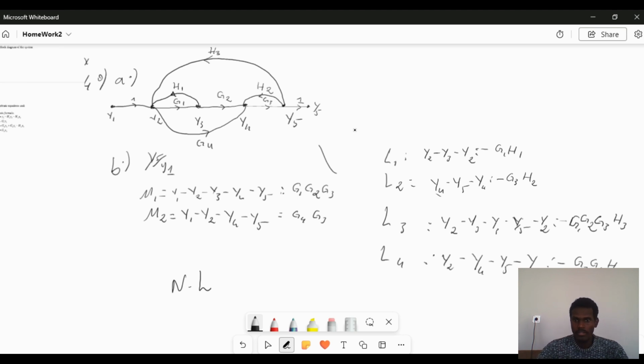So L1 and L2 are non-touching loops, and we don't have other non-touching loops, only these two. The product of the non-touching loops is G1, G3, H1, H2.